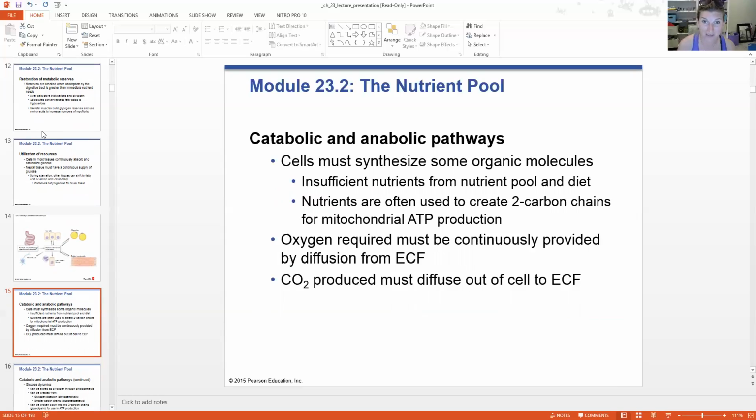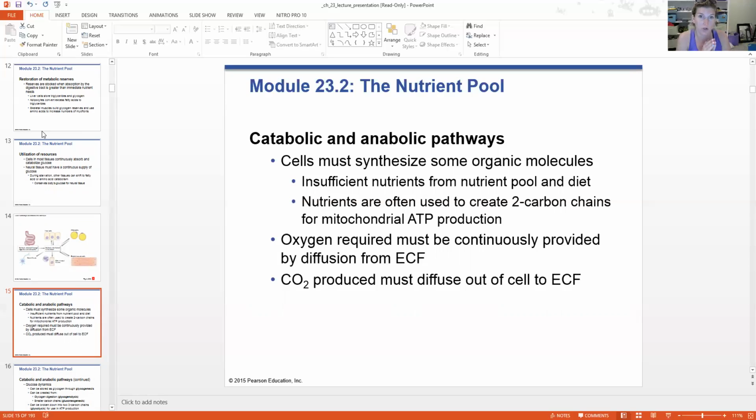That's probably the case. Nutrients can often be used to create what we call a 2-carbon chain for mitochondrial ATP production. So if for some reason you don't have enough nutrients coming into your body, maybe you're on a special type of diet or you're fasting, your cells can actually create organic molecules from the nutrient pool that is inside.